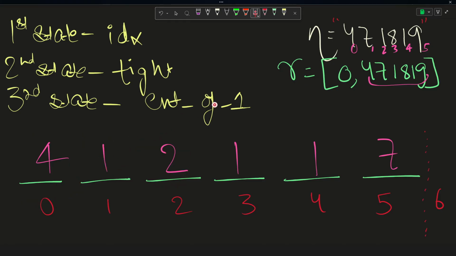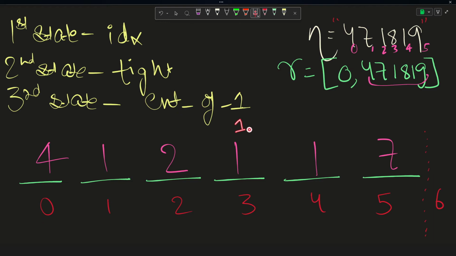So that's why the value of the third state, that is this count of 1, will be 1 here. Once we are on this second block, we will see whatever count value was already there in the state, so it will be 1, plus since here I have chosen 2 which is not equal to 1, the count value will remain the same as the previous, that is 1 only. So it will pass 1. But as soon as we move to the next index, it will see the count value it already had.